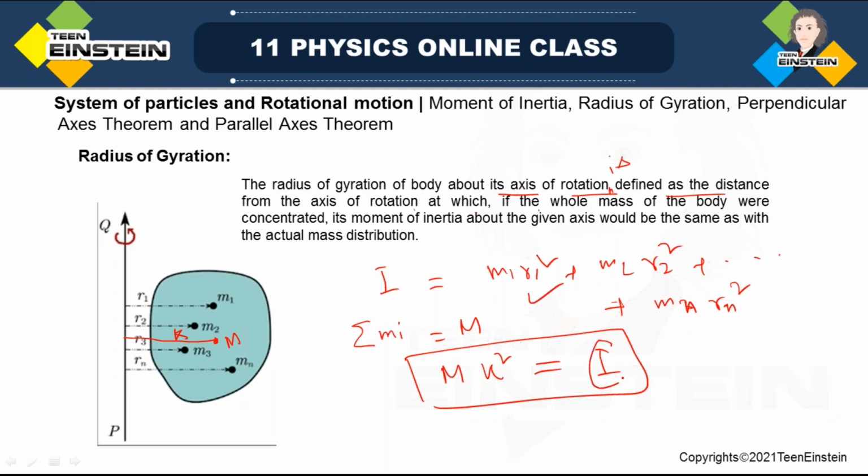The moment of inertia with actual mass distribution is this one, and k is the radial distance from the axis of rotation to that particular point where the whole mass is concentrated.